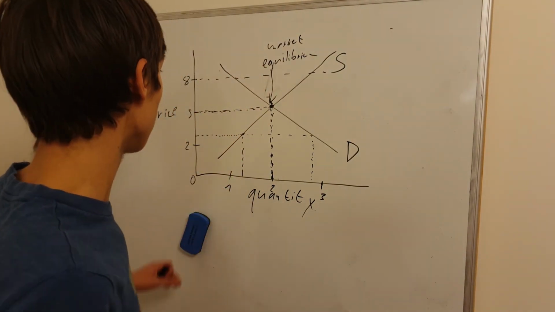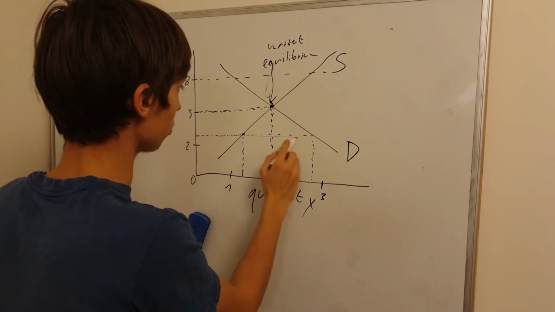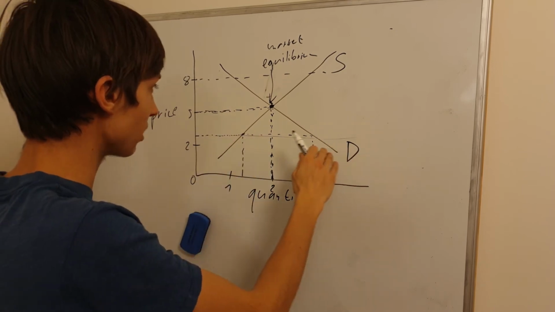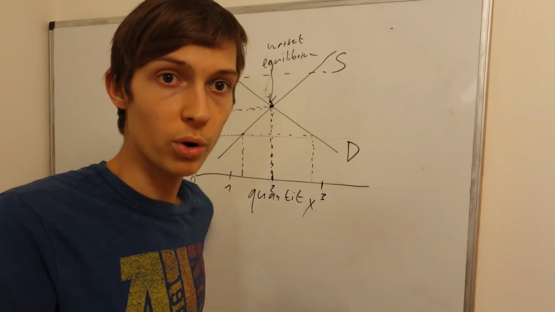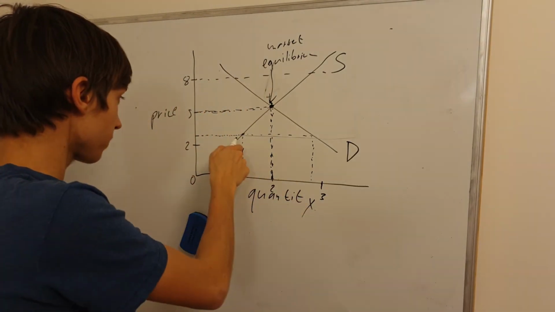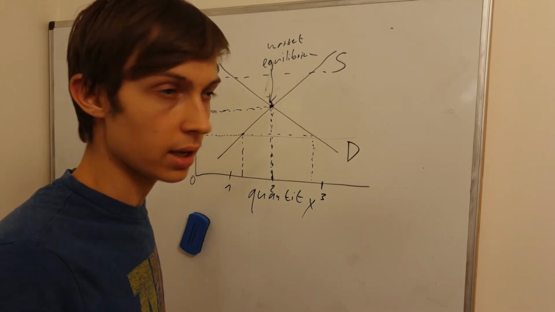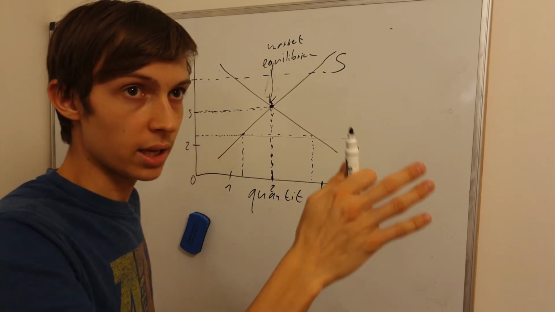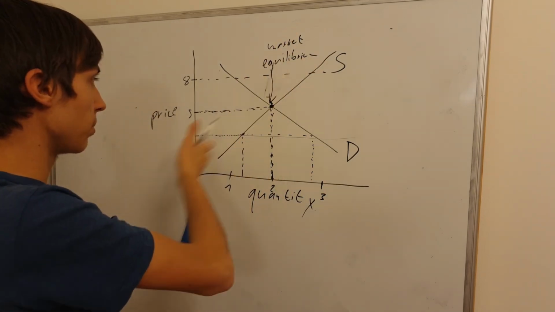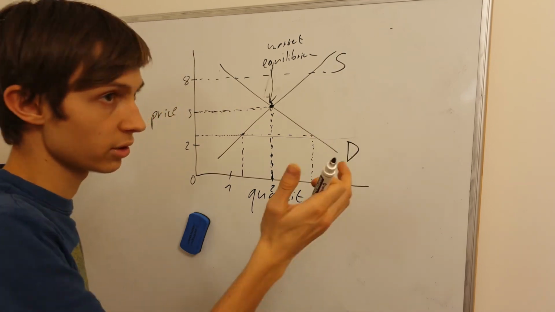Well, if you go to some price and draw a straight line right here, a price below the equilibrium, lower than the natural market price, will give you under supply and over demand. People who buy want to buy more because they see it as a low price, and people who supply don't want to supply because they don't earn as much, since the price they're selling for is too low.